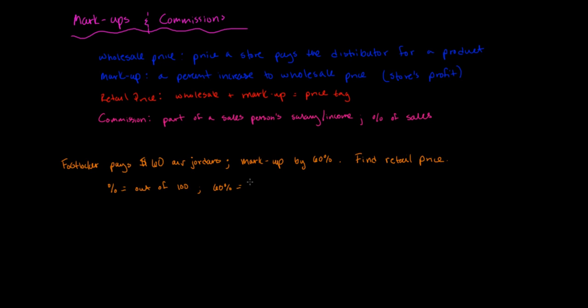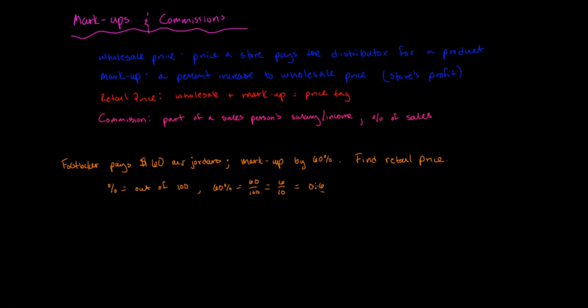So let's take that 60% and change it to a decimal. That means 60 out of 100, which is equal to 6/10, right? If we simplify here, we know that 6/10 is equal to 0.6, right? Which is the same thing as 6/10, that's our tenths place right there.